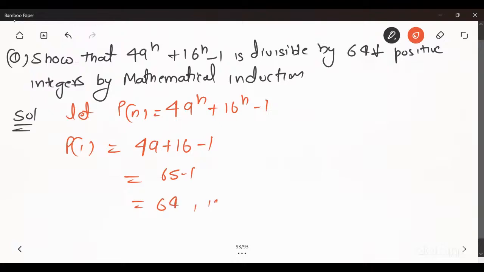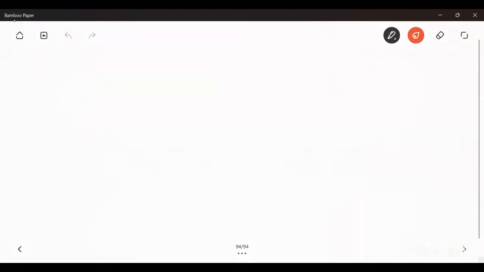So 64 is divisible by 64. So for n equal to k, you have to take it as true. So let for n equal to k the statement be true.